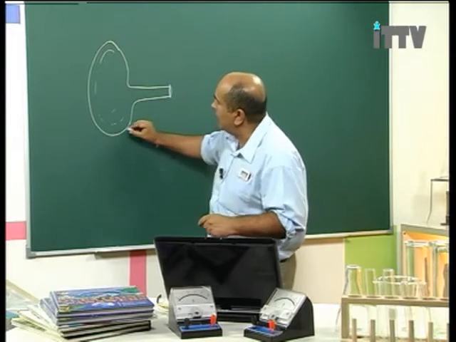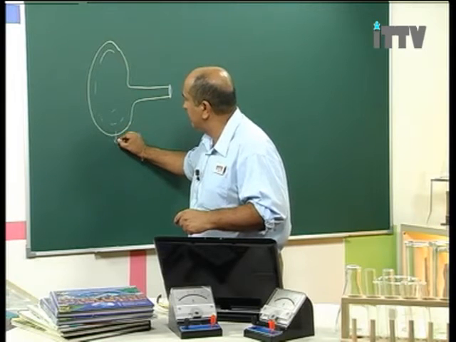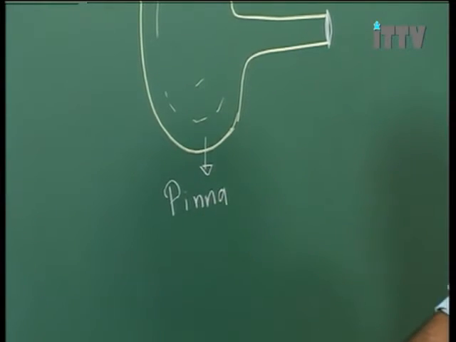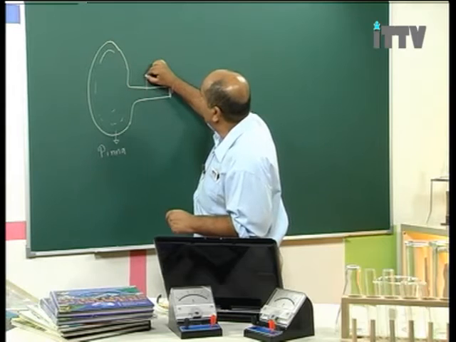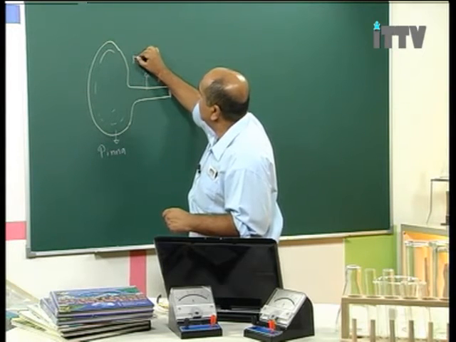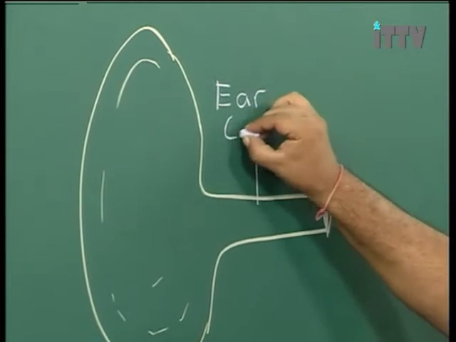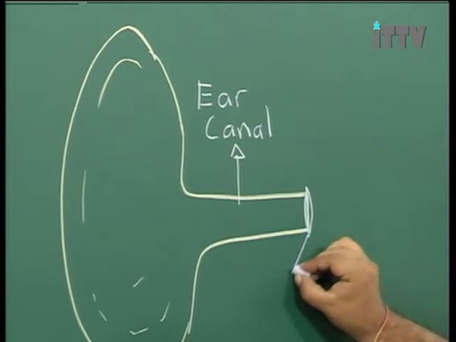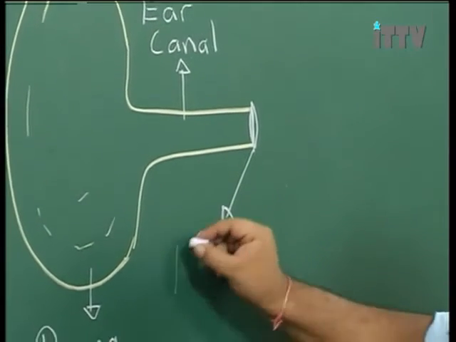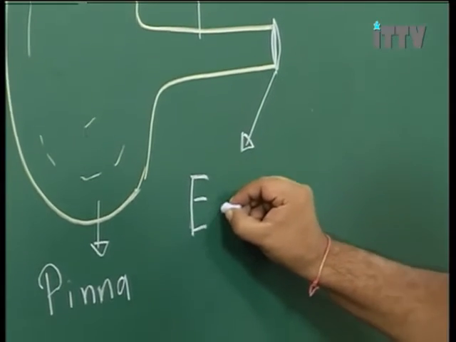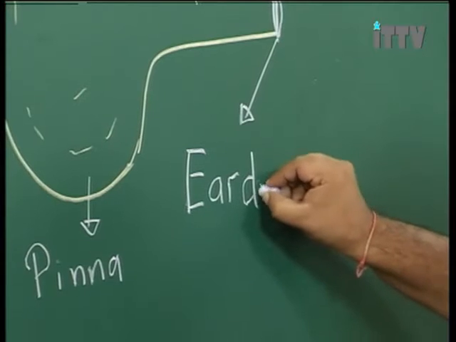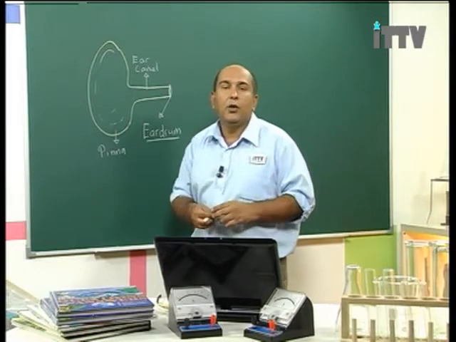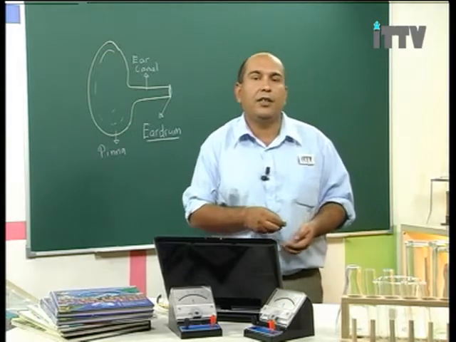So the 3 main parts are, number 1, the pinna. Number 2, up here, the ear canal. And then number 3, over here, the eardrum, which is probably the most important part of the outer ear.